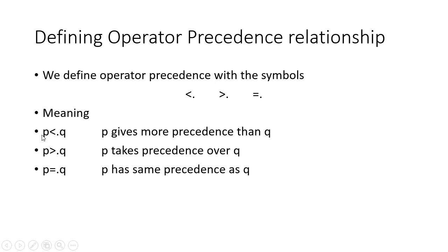So in this case the meaning of P less dot Q is that P gives less precedence than Q. P greater dot Q means P takes precedence over Q, and P equal dot Q means P has the same precedence as Q.